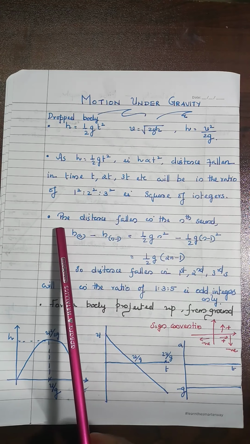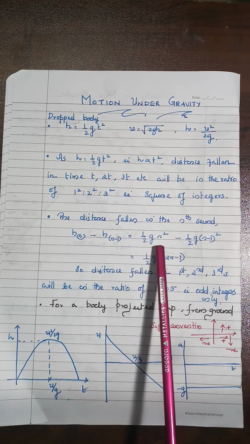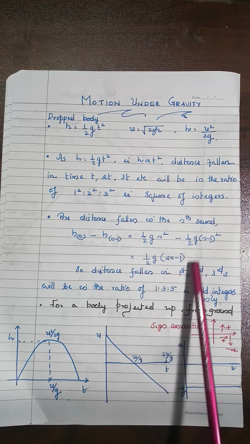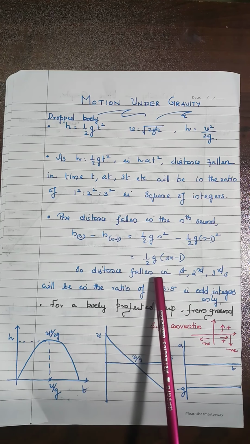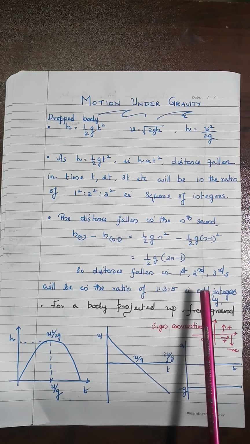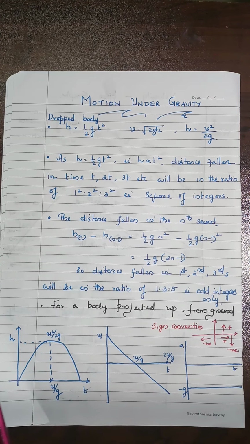Another very important problematic situation: the distance fallen in the nth second, that is half g into 2n minus 1. So it should be in the ratio 1:3:5. You should go through these 2 very, very important points.